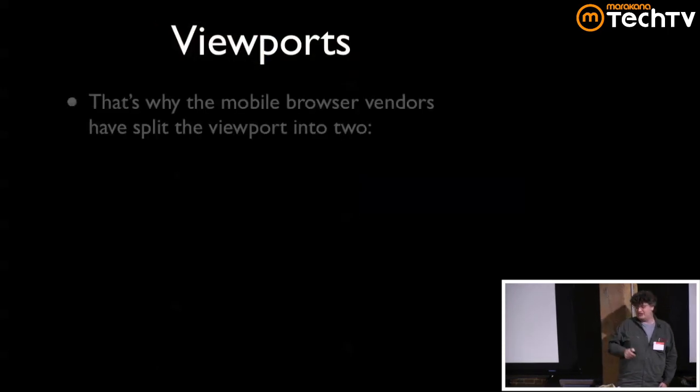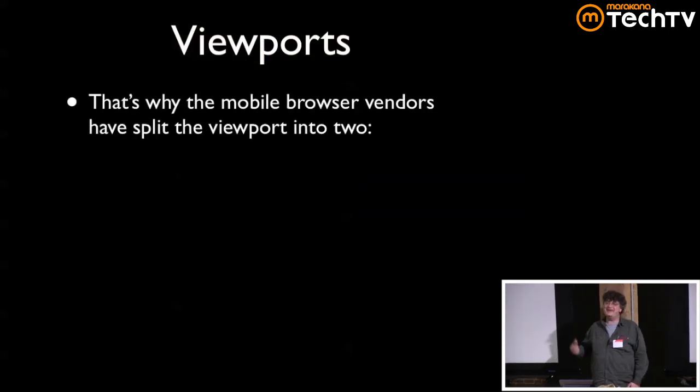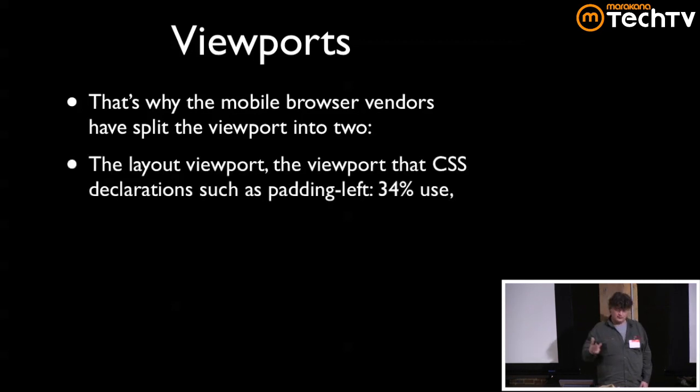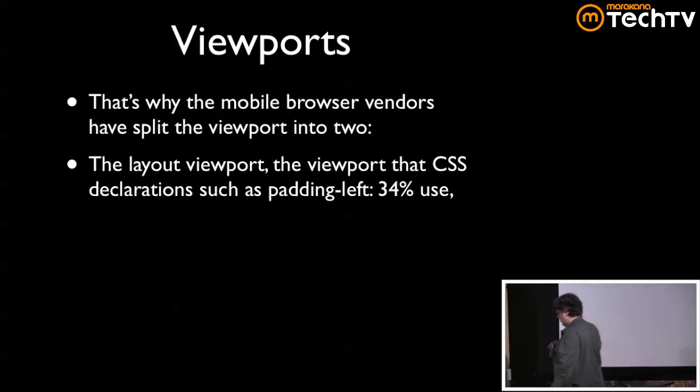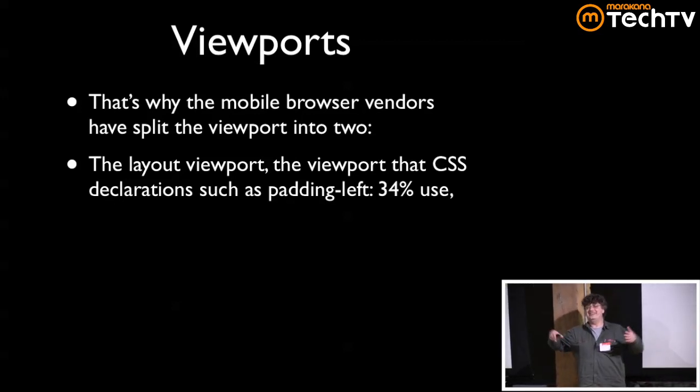So what did the mobile browser vendors do? They basically split the viewport concept into two. We have the layout viewport, and that is the viewport that we use for CSS, such as the padding left 34% we saw just now. If there's a padding left 34%, we say that's 34% of the layout viewport, which is not necessarily equal to the screen size.